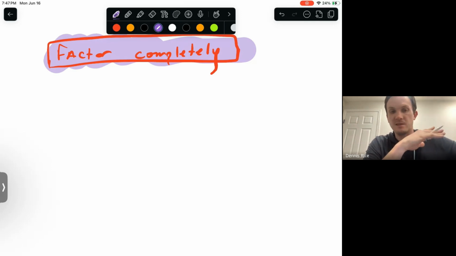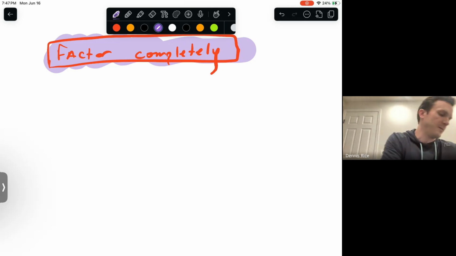I haven't seen the test, I don't know, but I'm just going off of past tendencies. Like, hey, last question is going to be a system. You're going to have a linear regression. You're going to have an irrational versus rational explanation question. All these patterns seem to continue. You're going to have a factoring completely, probably. Right?